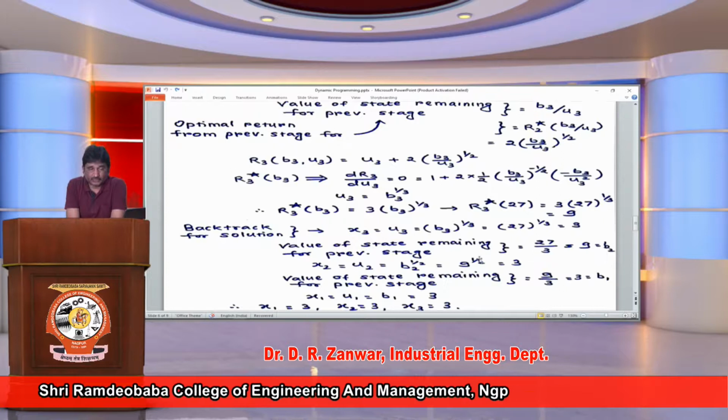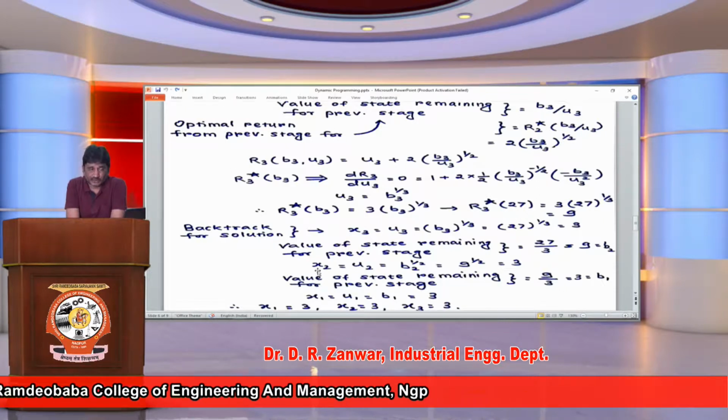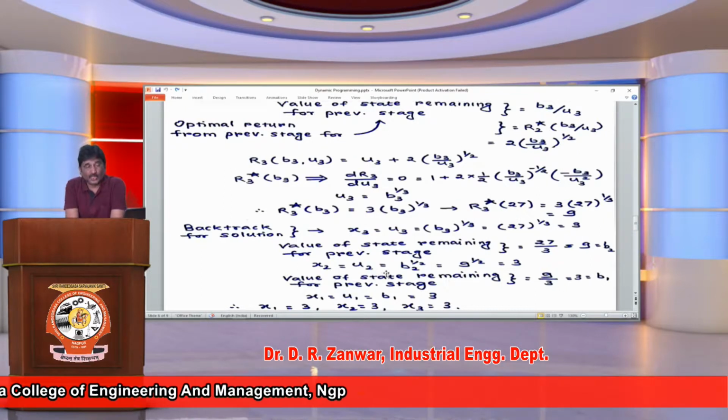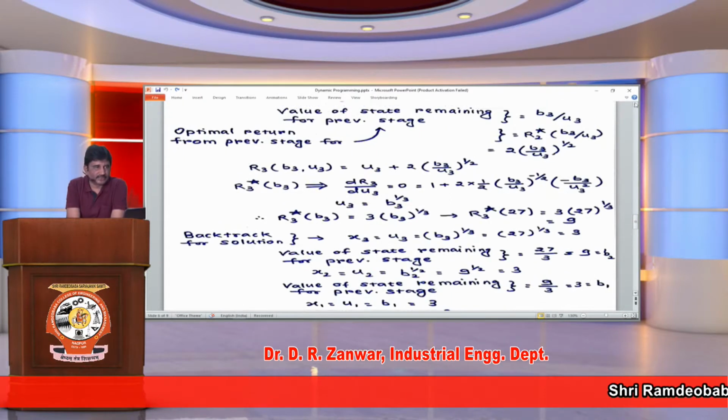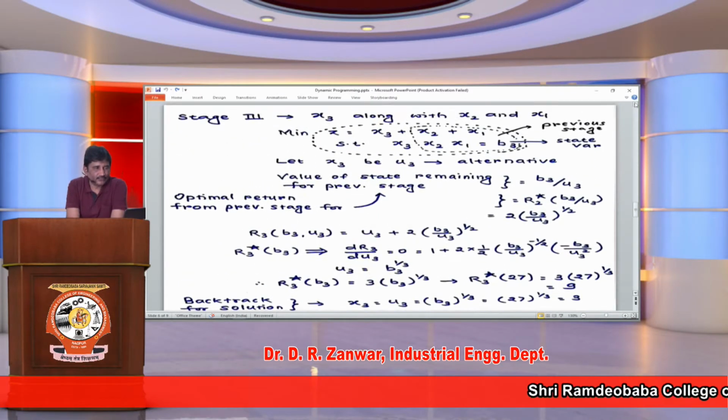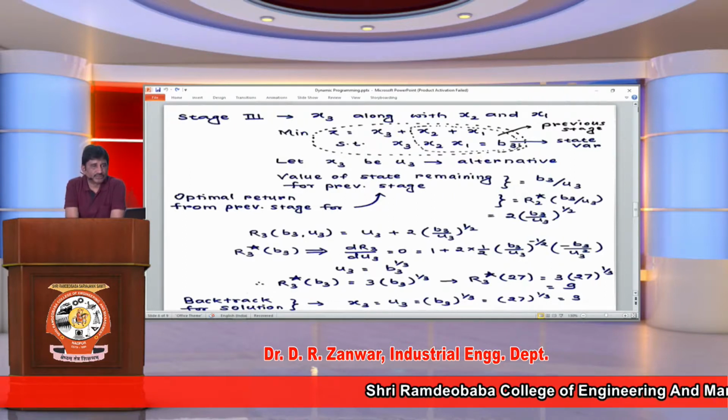And now you will be getting x2 is equal to u2, and from the previous stage you know that u2 is equal to b2 to the power 1 by 2.